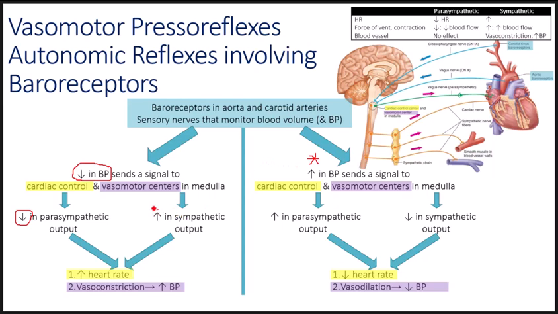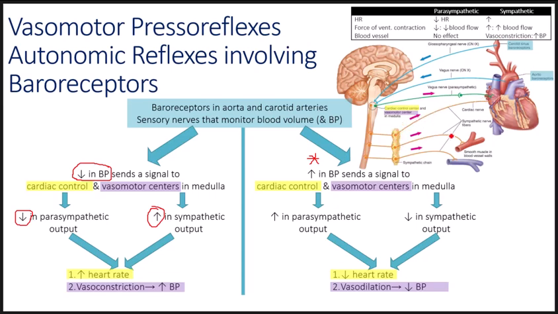But there's another variable that occurs. We're going to now see an increase in sympathetic output. So remember the sympathetic chain as part of your normal nervous system anatomy. The sympathetic chain here is going to send out a signal to the heart to make it contract faster.